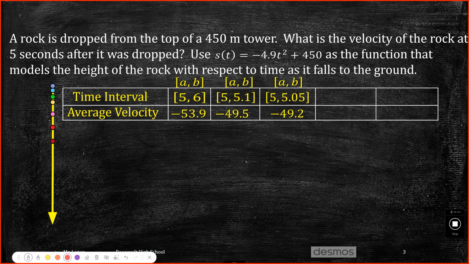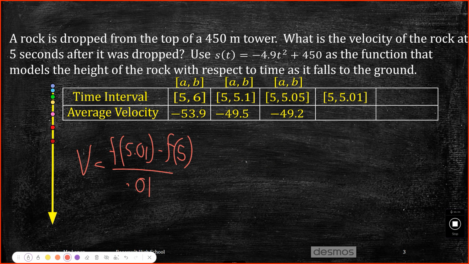So we probably want to round to the nearest thousandth, or else it's just not going to be it. Let's do this one and round to the nearest thousandth. Let's go with the difference in time being 0.01 at the bottom, and then f of 5.01 minus f of 5.